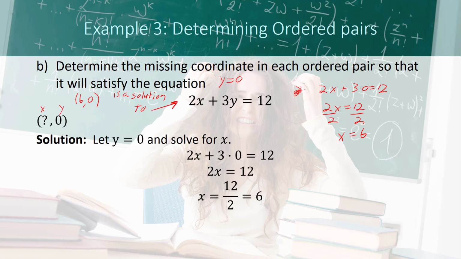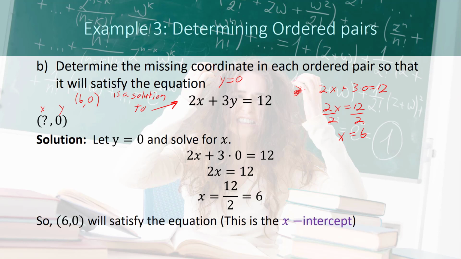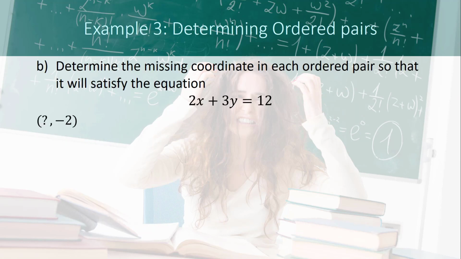And of course, it's worked out again for you here. And once again, it says that the ordered pair (6, 0) will satisfy the equation. And notice here, this is when y is equal to 0. So this point is actually on the x-axis. So we tend to call that the x-intercept, which once again tends to come in handy when trying to analyze linear equations.